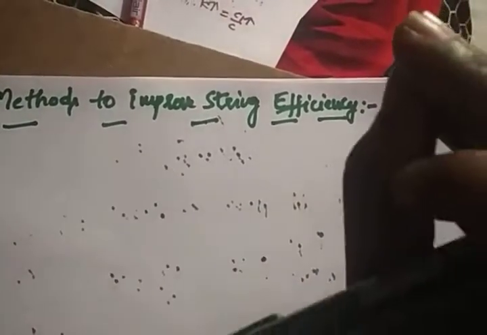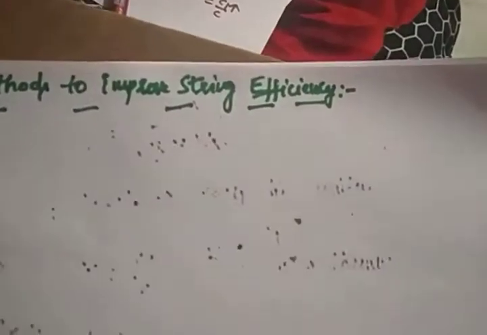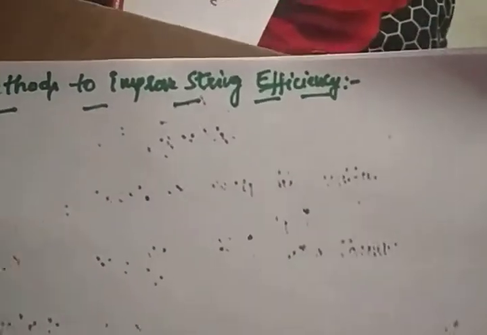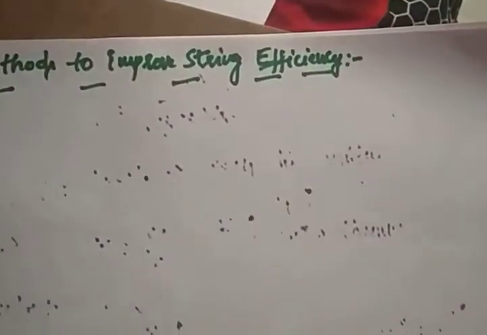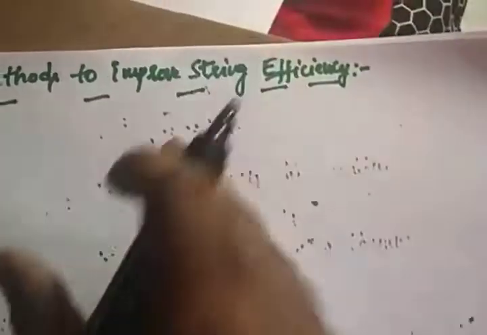As I already discussed, if the k value is increasing, the shunt capacitance is increasing, we are not getting uniformness, and my string efficiency is going to reduce.